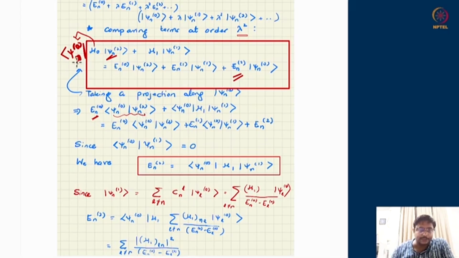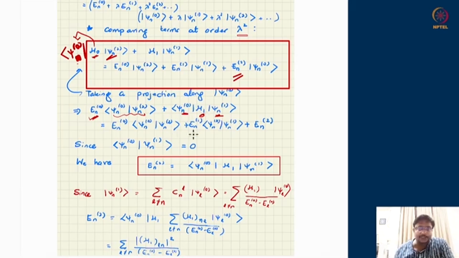Now the second term here, H1, will get squeezed between psi n1 and psi n0. This psi n0 is not an eigenfunction of H1, so I will not get something like this. Here En0 came about because the psi n0 coming from the left is an eigenfunction of H0. It is not an eigenfunction of H1, so I cannot do anything about it. I only have to keep it this way.